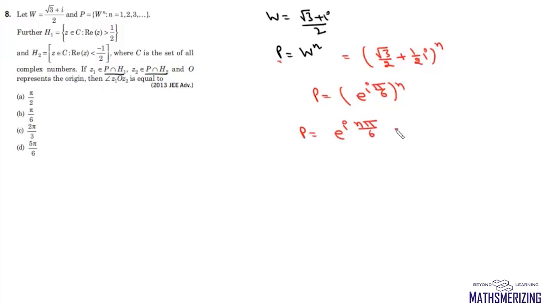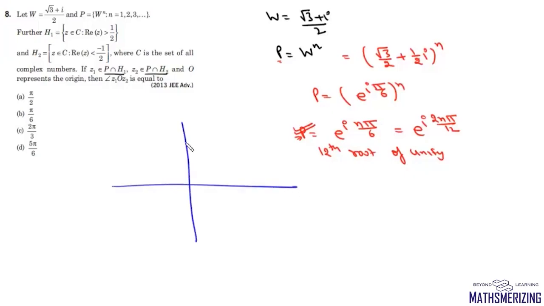Now we can also write this as e to the power iota 2n pi by 12. So basically this P is nothing but the 12th roots of unity. So this P is nothing but the set of all 12th roots of unity. So now we have a circle.